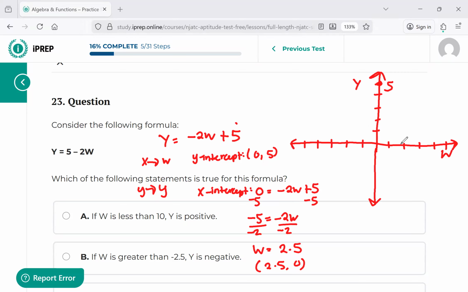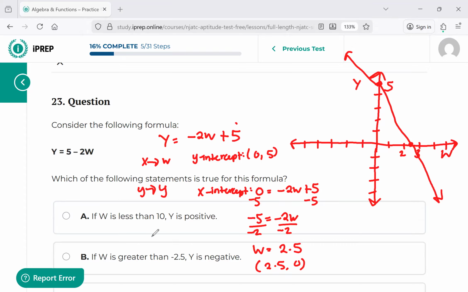My x-intercept is 2.5, there's 2, there's 3, 2.5 is the one in the middle. Connect the dots. Just try to get both straight. Mine isn't perfectly straight, but you get the idea.